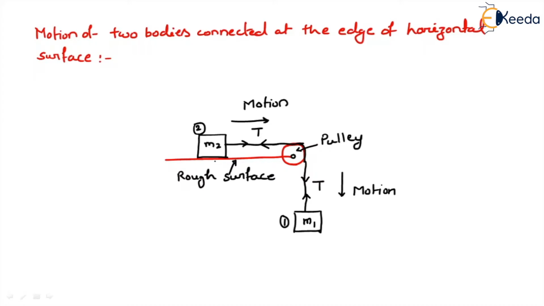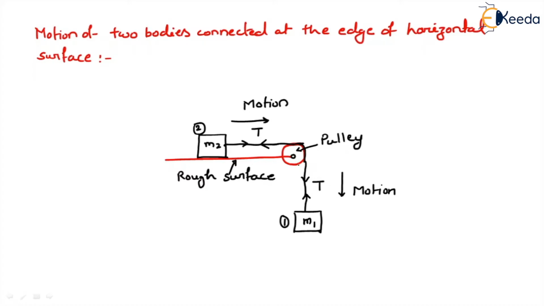This mass is resting on a rough horizontal surface and this particular block is attached with the string. Here we are considering one string and that string is passing through a pulley. One end is connected with mass M2, which is moving over the rough horizontal surface, and the other end of the string is connected with another mass M1, which is hanging vertically downward.